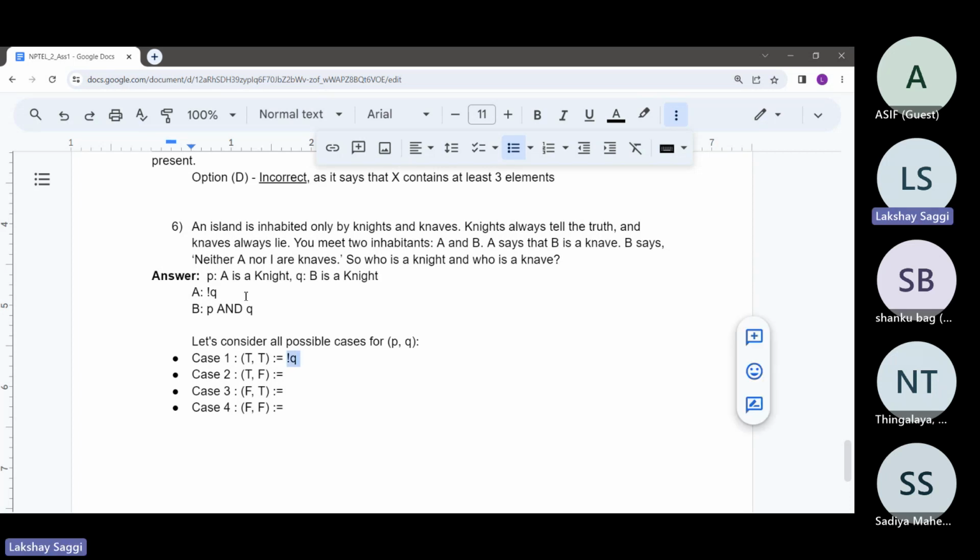So if A and B both are true, and what this implies is that not Q is true, which means Q is false.